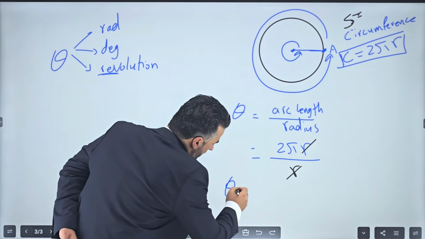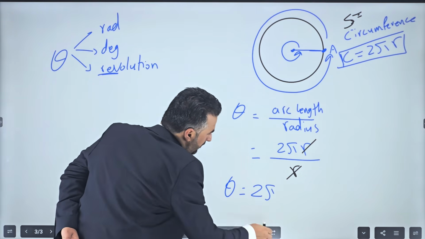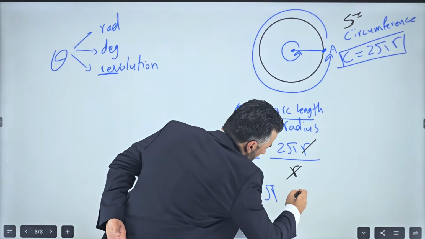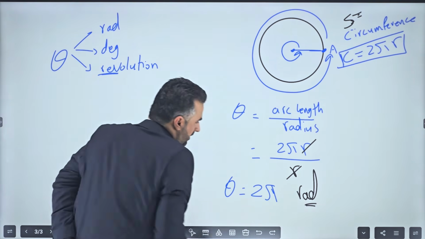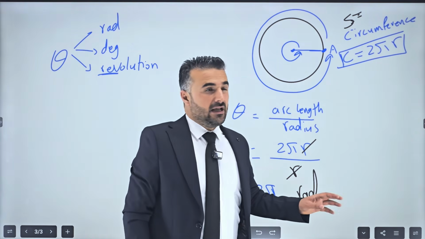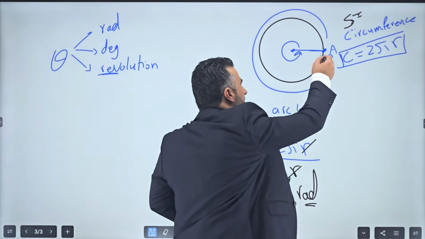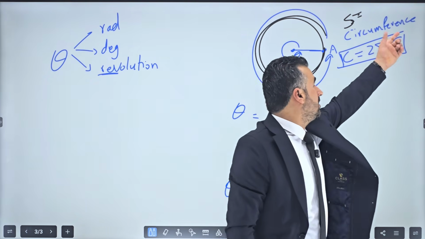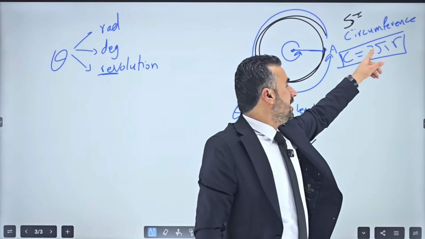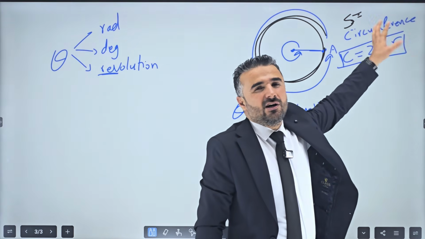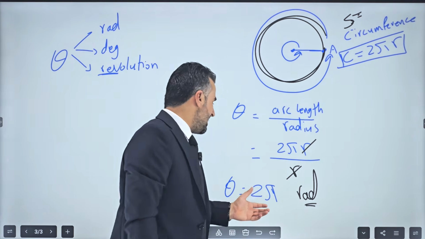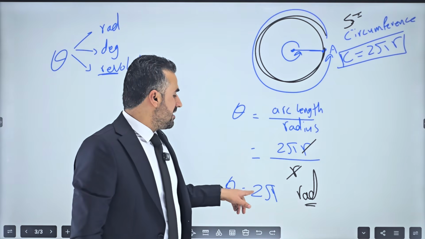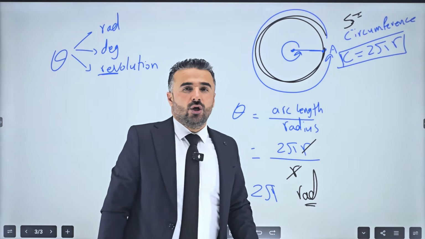We can say the angle theta is equal to 2 pi, but 2 pi what? 2 pi radians. So based on this, when an object is traveling around a circle, the distance traveled is equal to the circumference, which is 2 pi r, that is the arc length. And if we want to find the angle, then that is equal to 2 pi radians.